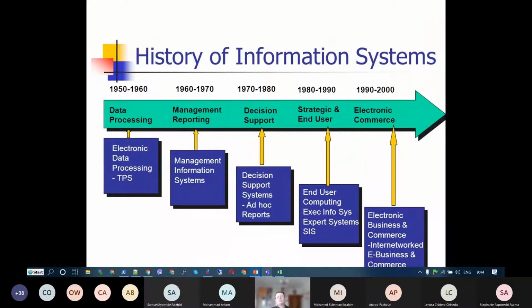If we take a look at the history of information systems, we can start from the 1950s, when the first attempt to find business applications for computers was made, with the introduction of electronic data processing in the form of transaction processing systems.